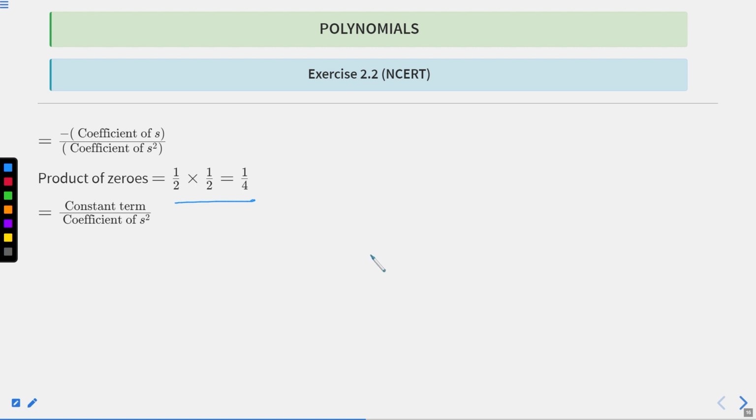For this quadratic polynomial the constant term is 1 and the coefficient of s squared is 4, so the product of its zeros, 1 by 4, is equal to the constant term divided by the coefficient of s squared. So verified.